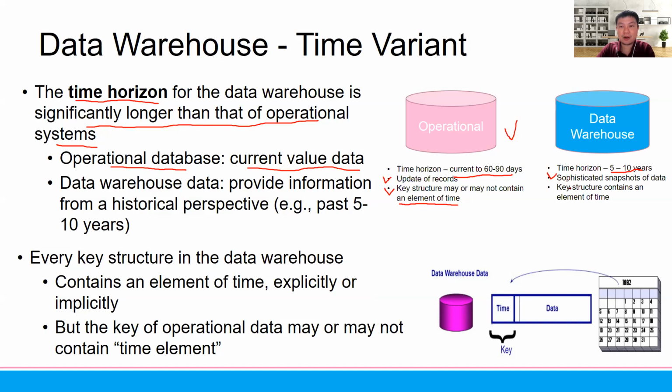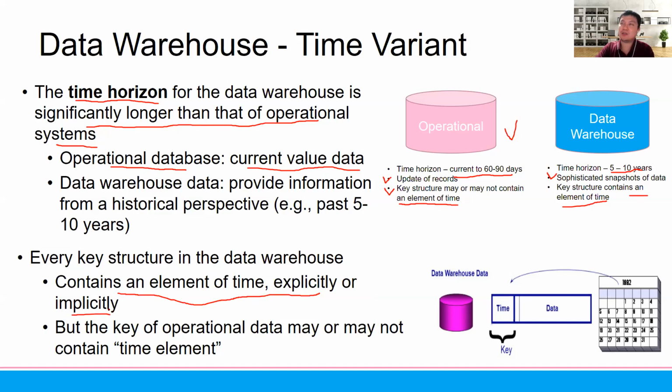But the data warehouse contains an element of time. The element of time means you know the date, you know the time, and maybe the time will be very precise, down to however many seconds you need. So the key structure in the database will contain an element of time explicitly or implicitly.